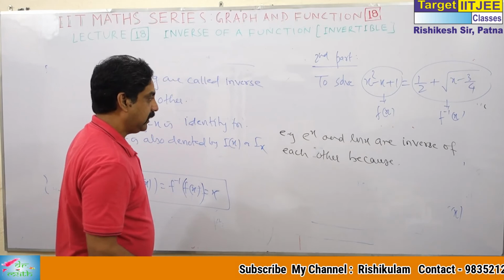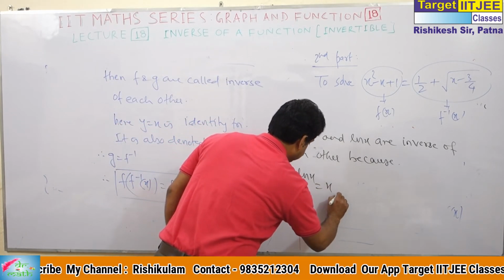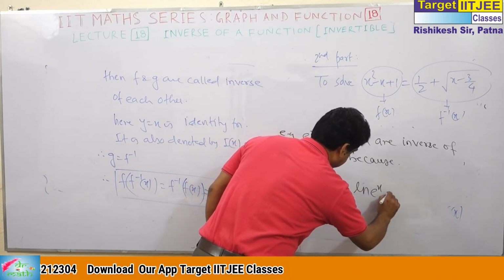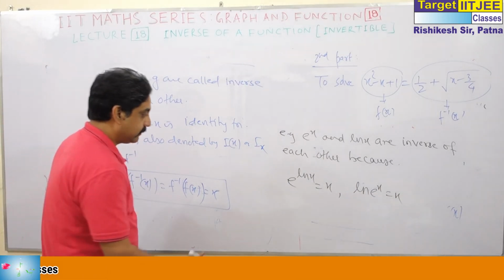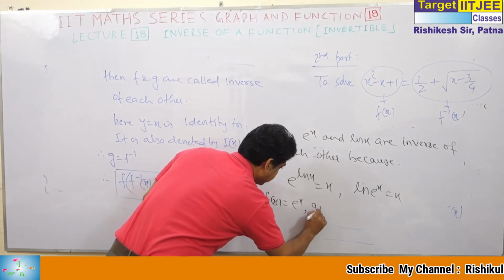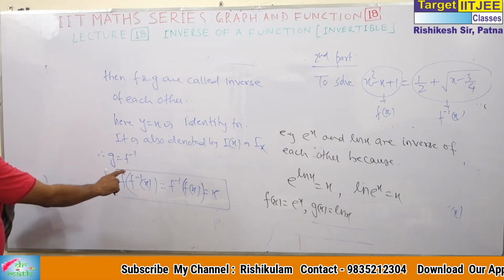Because you can see e to the power ln x is equal to x and ln e to the power x is equal to x. Have you got it? If f(x) is e to the power x, g(x) is ln x.